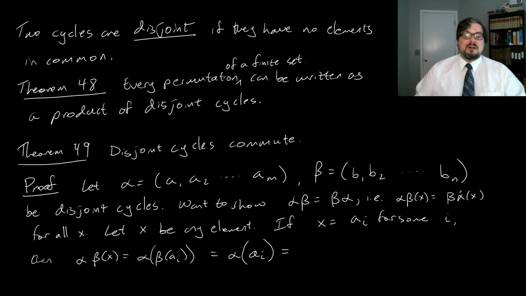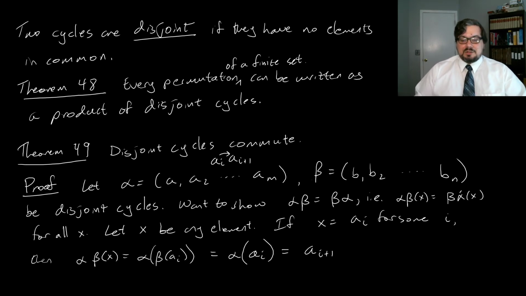And then alpha of ai is ai plus 1. So this is another piece of notation that winds up being very useful to us. So the alpha here, if I look at where ai is in the sequence, then ai plus 1 comes right after it, which means if we apply alpha to ai, we get ai plus 1.